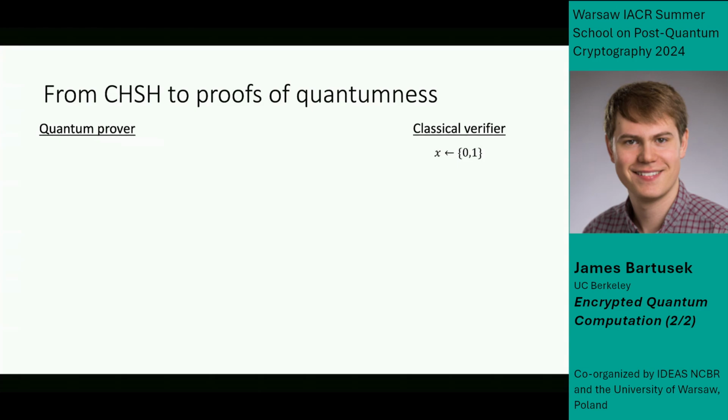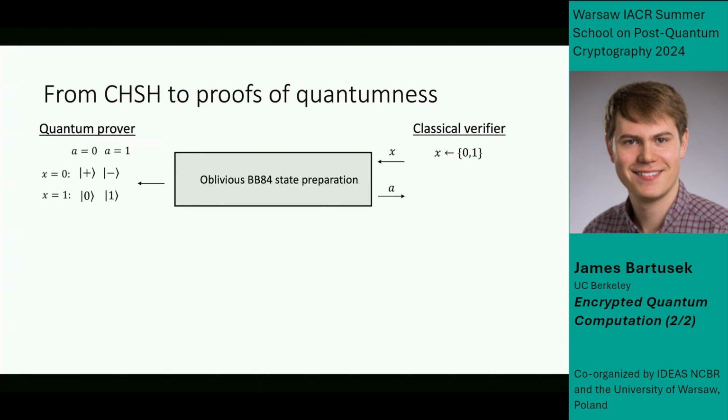So let's suppose the classical verifier samples a random bit and participates in an oblivious state preparation protocol with the prover. We've already seen how to do oblivious state preparation.